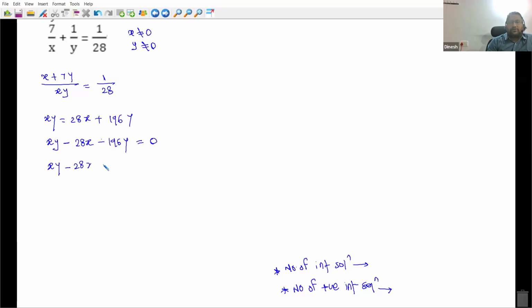For the factorization, what we are going to do, everyone? We are going to add 28 into 196 to both sides.